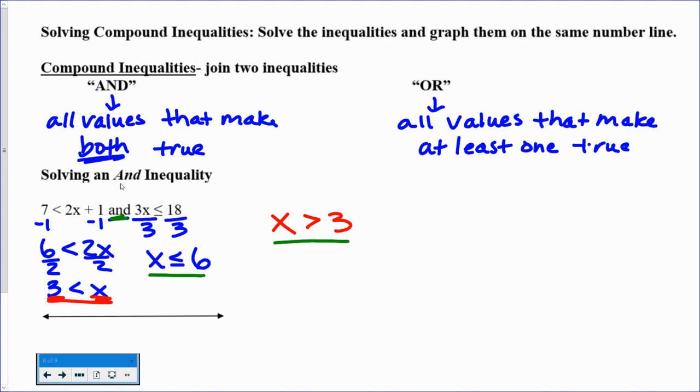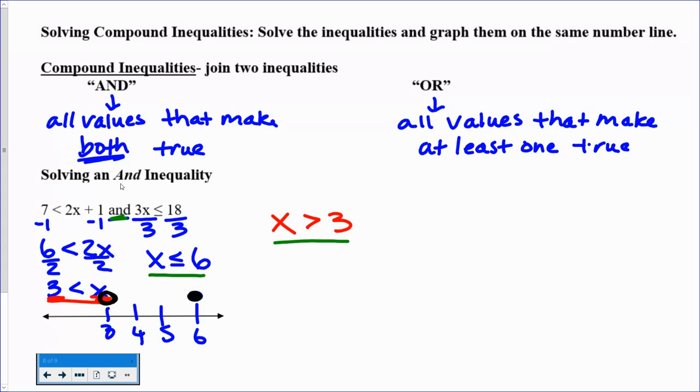Thinking about what it means to be an and inequality. So since it must satisfy both things, that means, so I've got 3, 4, 5, 6. 6 would be a closed circle, and 3 would be an open circle. Let me use black here.